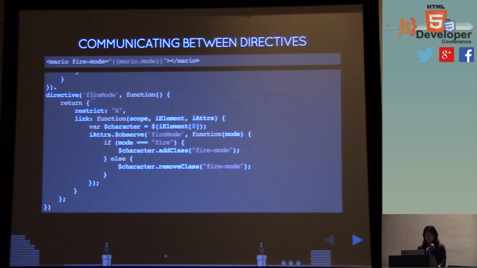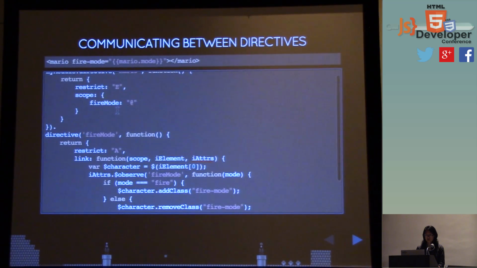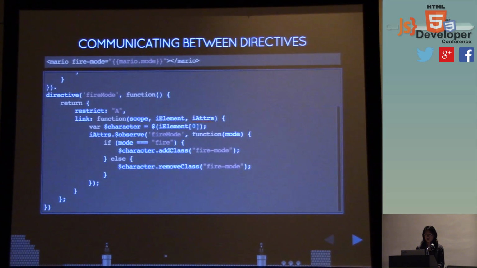But down here in the fire mode directive, we can actually read our own property, fire mode, because it just comes in as an attribute, which is the third parameter that gets passed into your link function. And then similarly as before, we can observe that attribute. And if Mario over here turns fire mode on and off, we'll know about it, and we can turn fire mode on and off on that element.